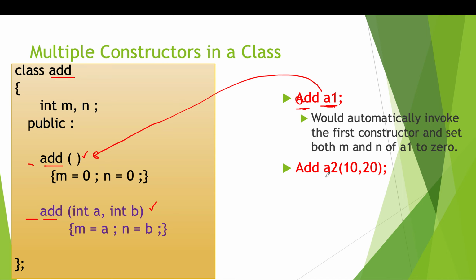You're creating the object and passing two arguments, or two integer variables, so the second constructor function will be called. This is how we perform constructor overloading. Constructor overloading is done using the difference in the parameters that we pass as input while creating the object of that particular class.